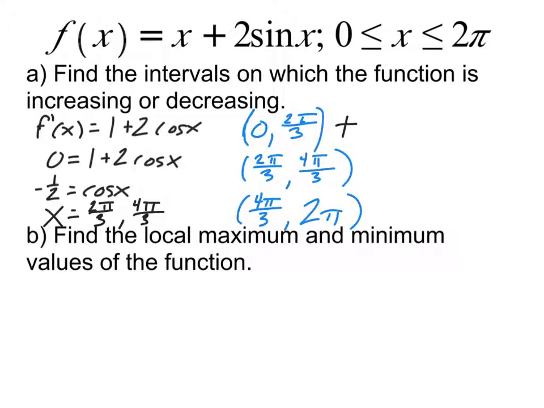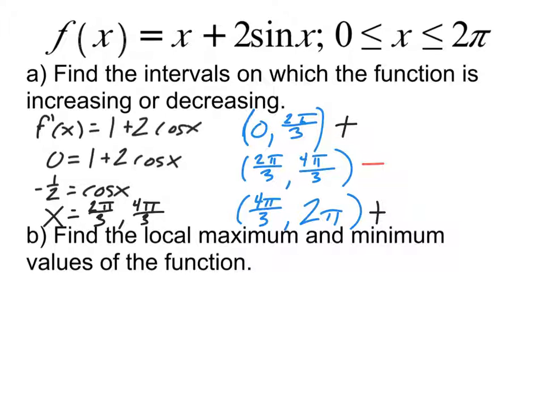And so I can see that it starts positive, then it goes negative, and then it goes positive again. Or you can just test numbers within them. Up to you. Either way you do it, you should end up finding the same set of increasing and decreasing. So it's increasing on the interval 0 to 2 pi over 3 and 4 pi over 3 to 2 pi. And it's decreasing from 2 pi over 3 to 4 pi over 3.